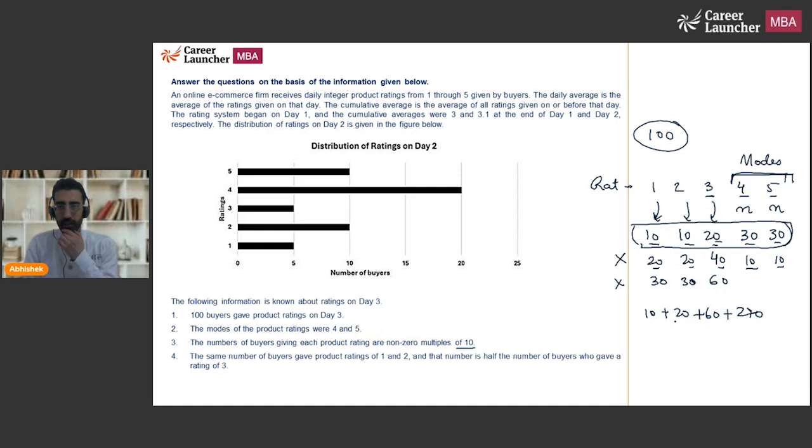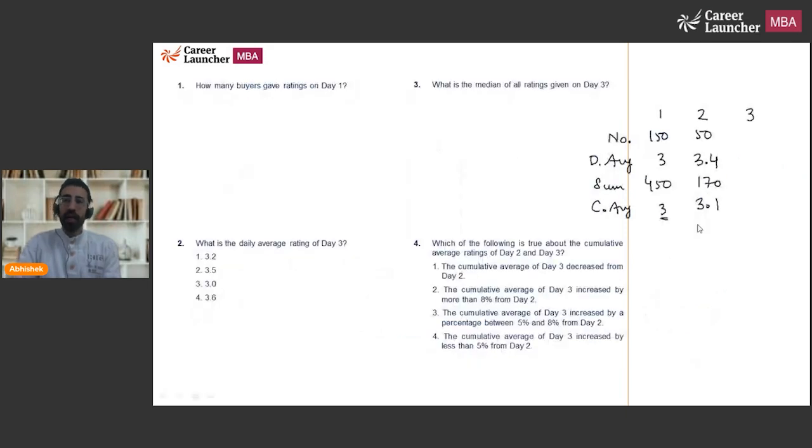So that is how much? 30 to 70, 360. That is 360 by 100, which is 3.6. That's the daily average rating for day 3. 3.6, 100 respondents, 360 net sum.